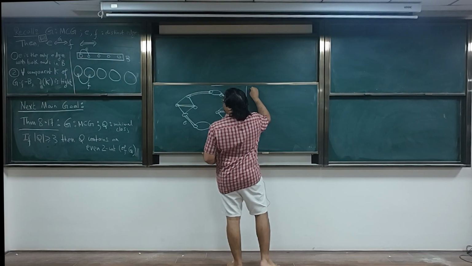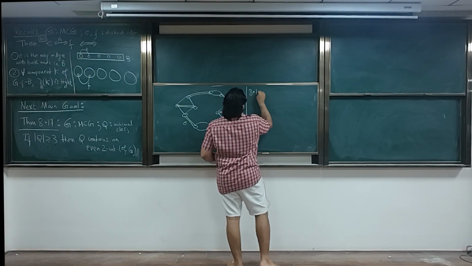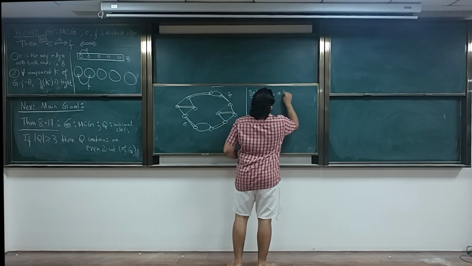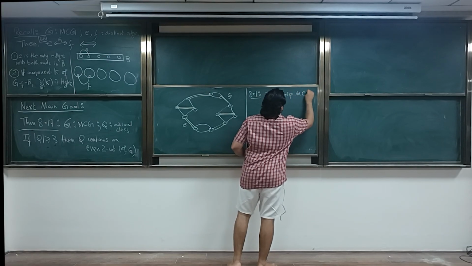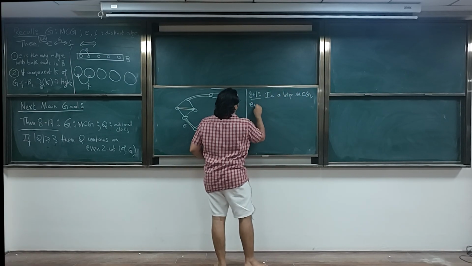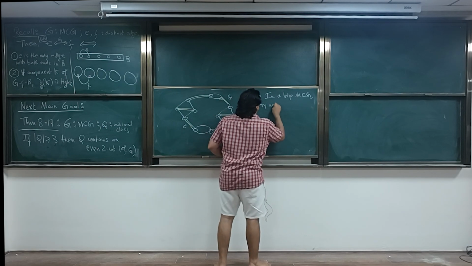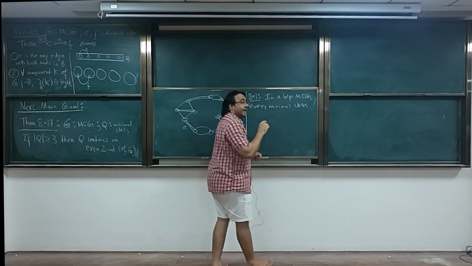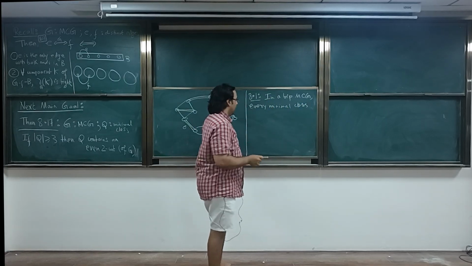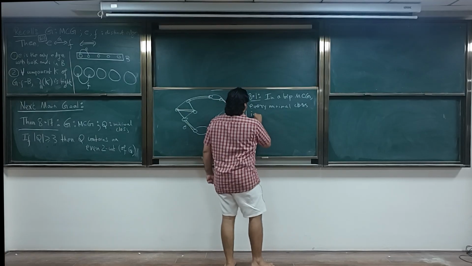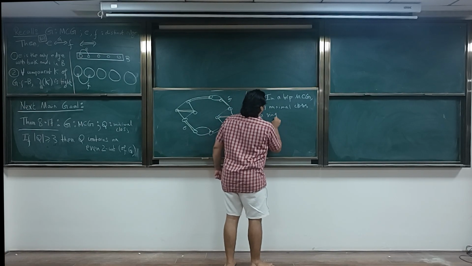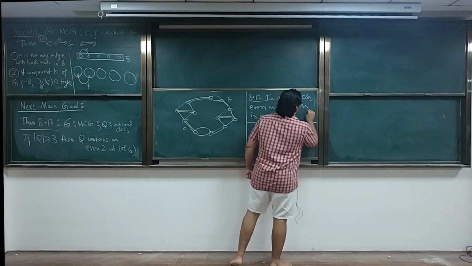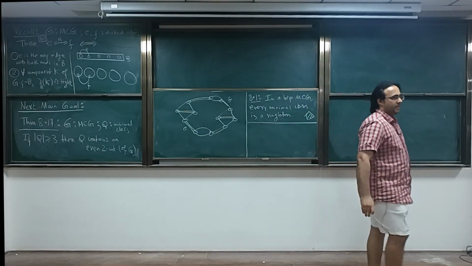This is basically, I think if I'm not mistaken, 8.1, the very first result in this chapter. In a bipartite matching covered graph, every minimal class, of course it may not exist, that is a different matter, but if it exists, then it is a singleton. Yeah, that we already know.